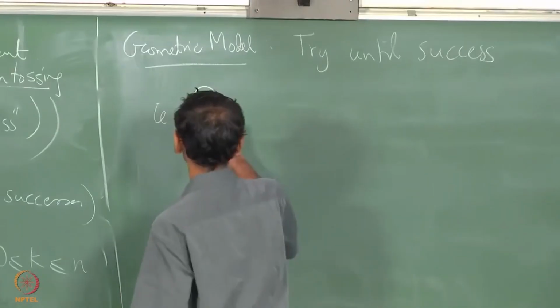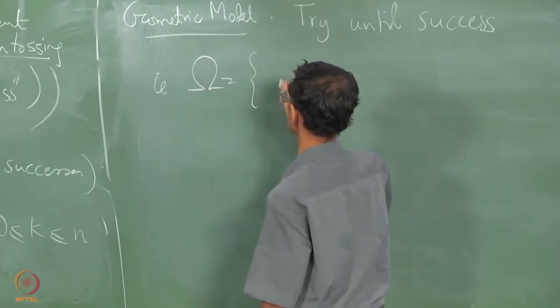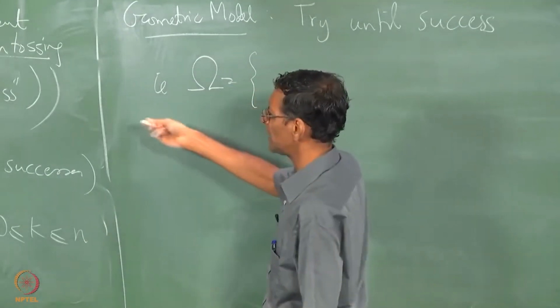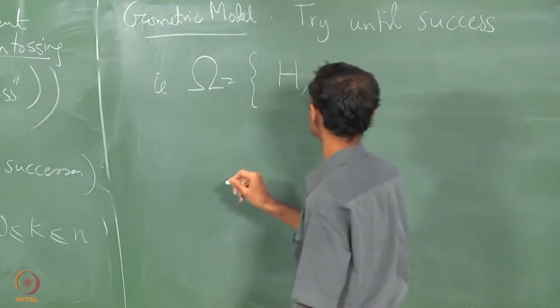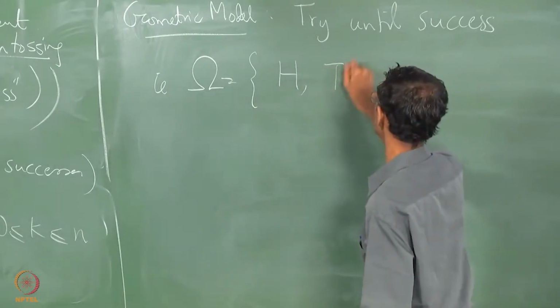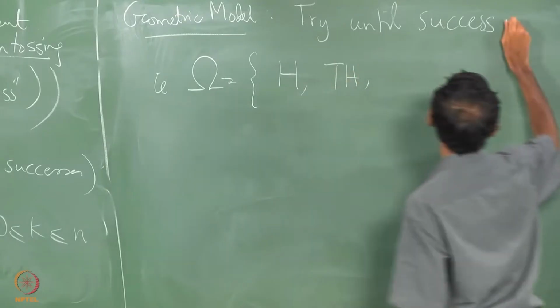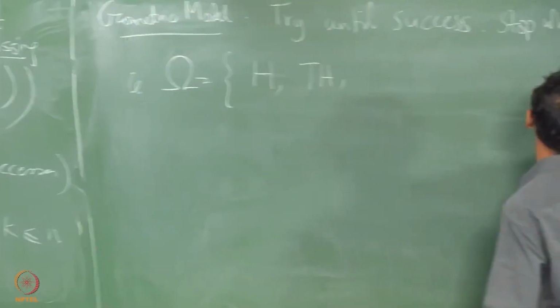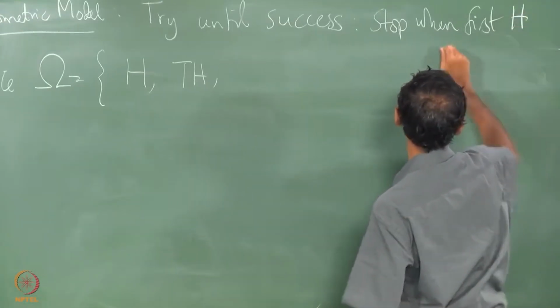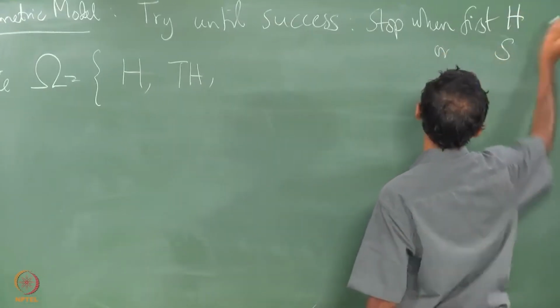So your capital omega consists of strings like this. I will use h for head and t for tail. You can get head in the first toss itself, or you can get th, and you stop when the first h, or success, happens.